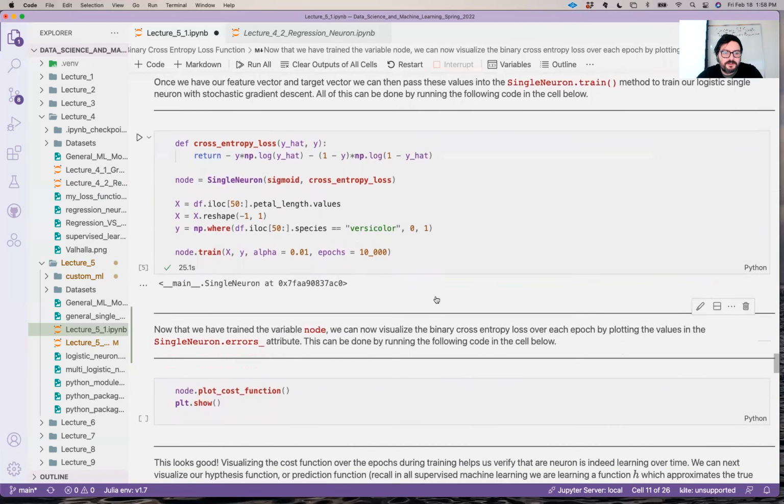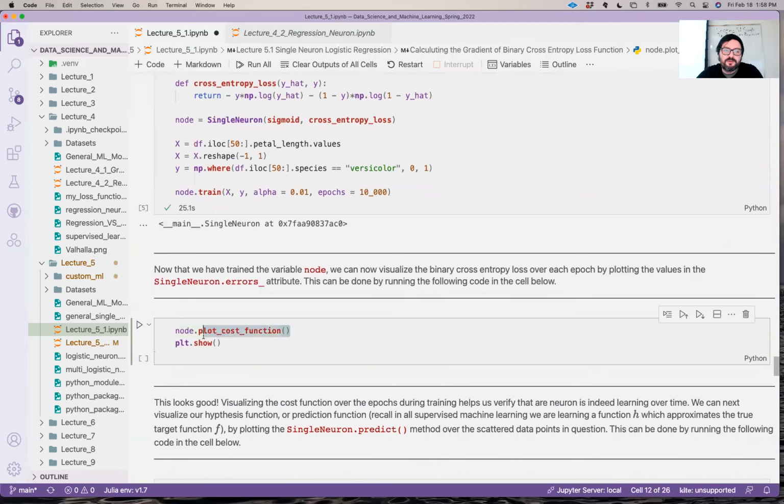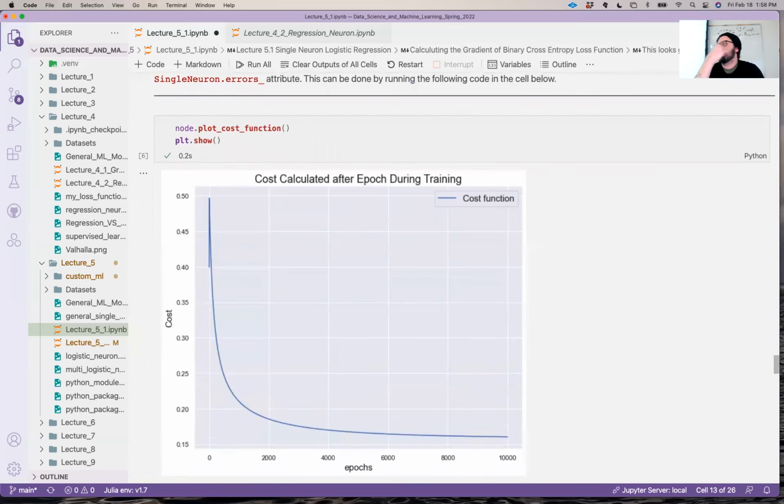There it goes. Okay, it's trained. All right, let's call the plot cost function method now. Notice I don't have to type a bunch of stuff anymore to look at the cost function. It looks like it's learning, right? We're doing things right.